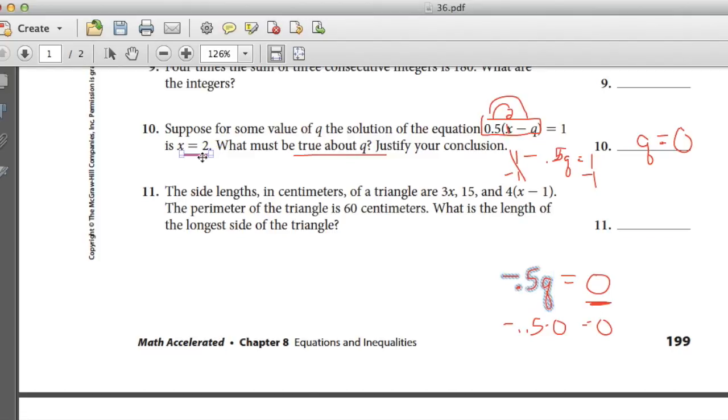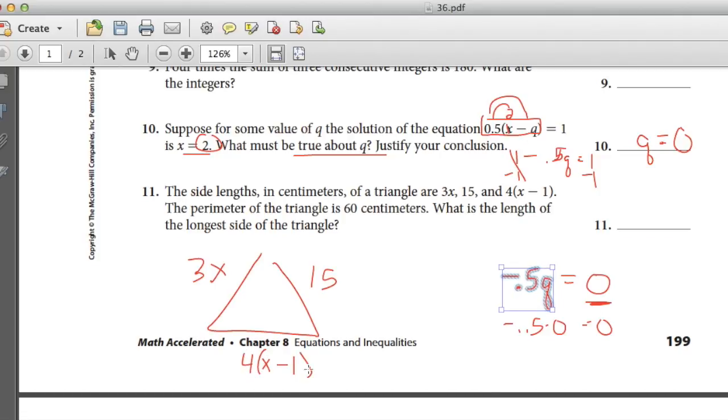So a little bit tricky on number 10, but if you break it down by substituting in that 2 and then simplifying it, you find out that in order for that answer to be 0, q has to be 0.